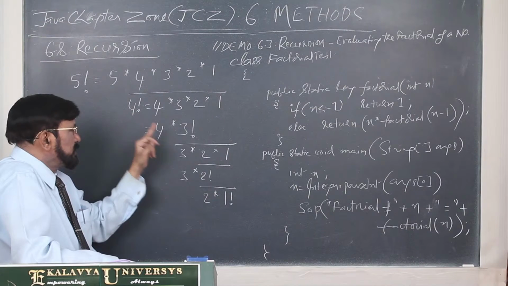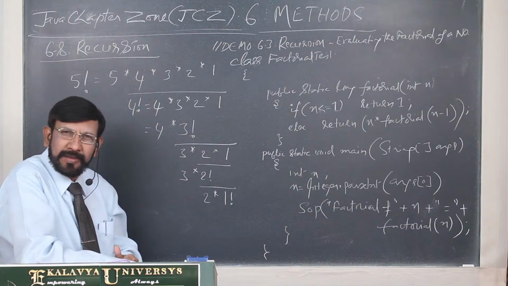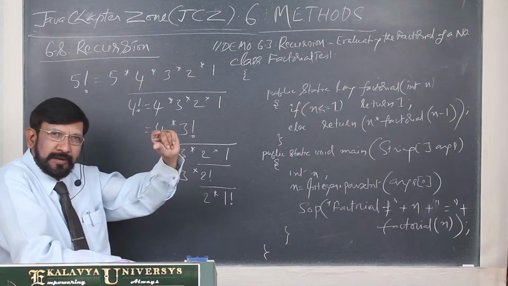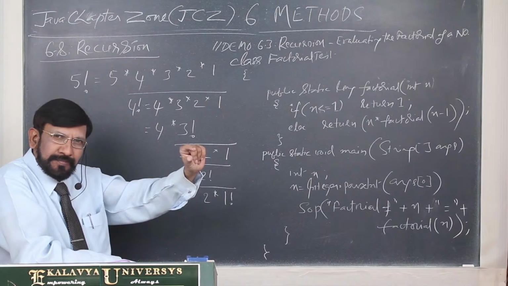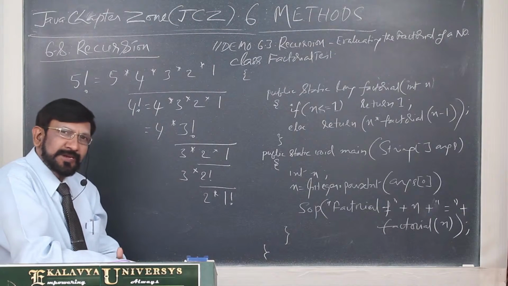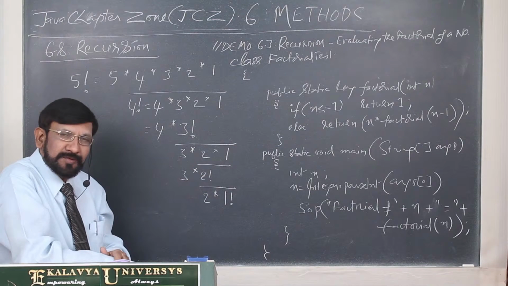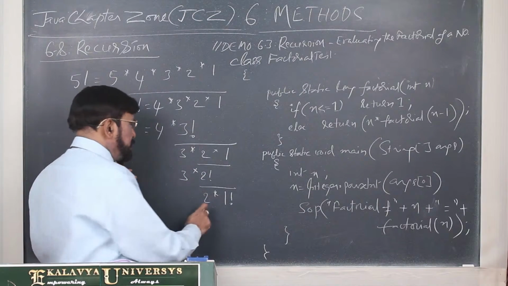In order to calculate this, you want this one. In order to calculate this, you want this one. That means if you want factorial for n, you require the factorial of n minus 1. N minus 1 you require, n minus 2 you require. How long does it continue?